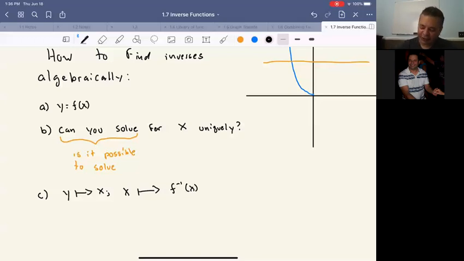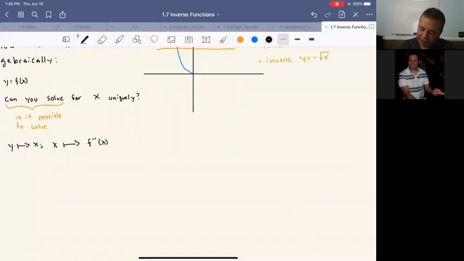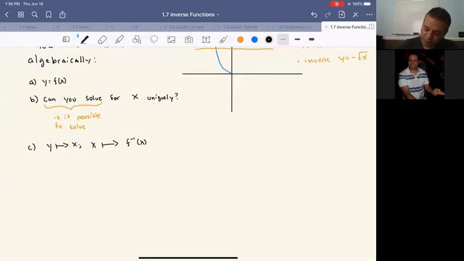All right, so let's start with y equals x squared. Now we're doing the example that doesn't work.